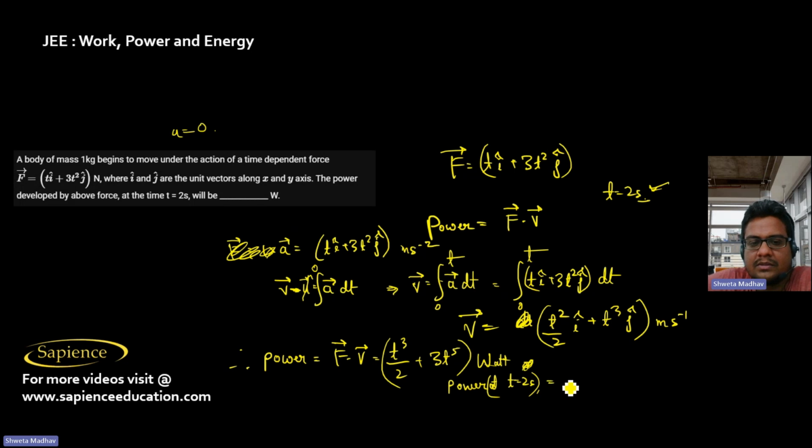So 2 cube by 2, that is 8 by 2, is 4, plus 3 into 2 power 5, that is 32 into 3, that is 96. So 96 plus 4, that is 100 watt.